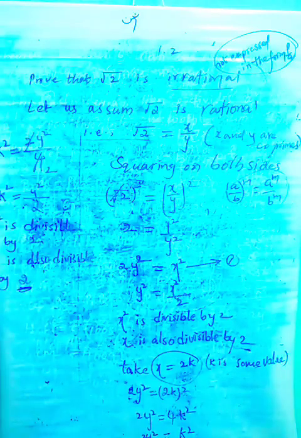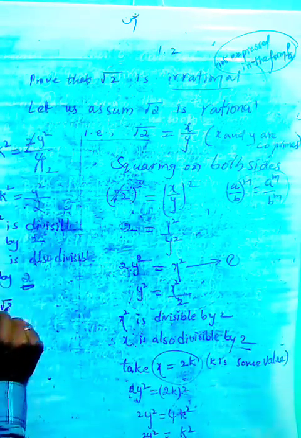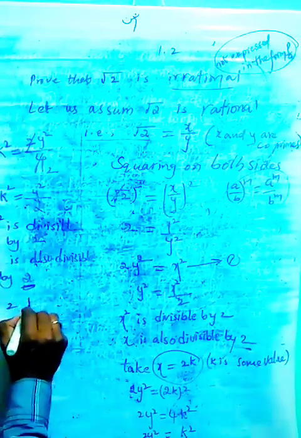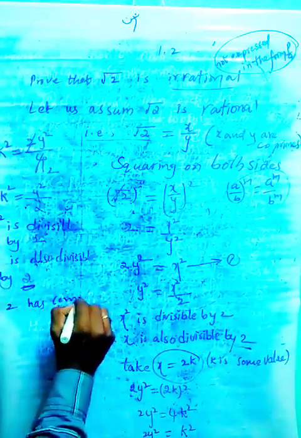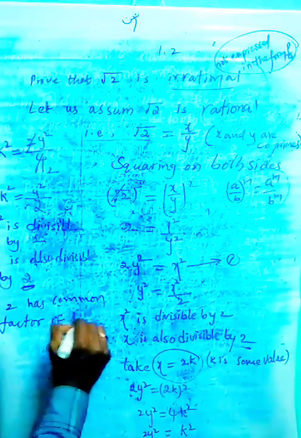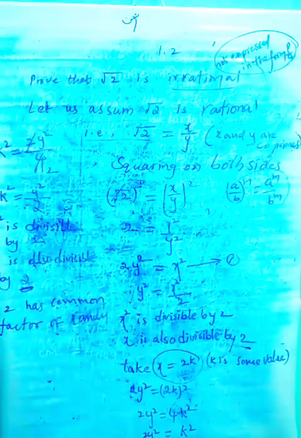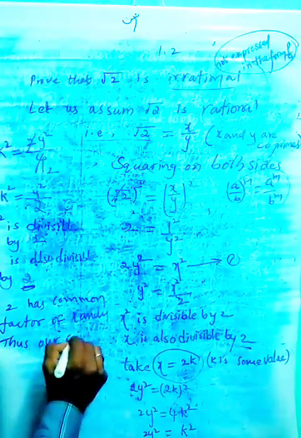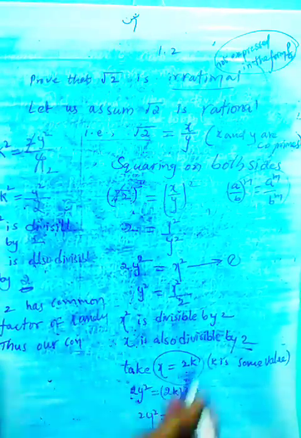So other than 1, 2 is a common factor of x and y. Thus we get a contradiction, because actually we want the common factor to be 1.